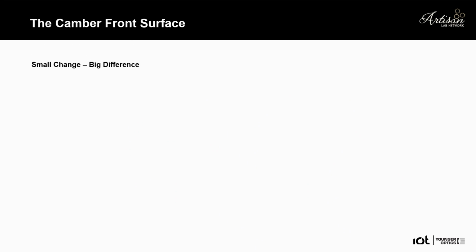As you can see in this slide, the difference of the surface is very slight. Putting an imaginary black line that simulates a camber blank shows the differences from a standard blank and the camber blank are very subtle.